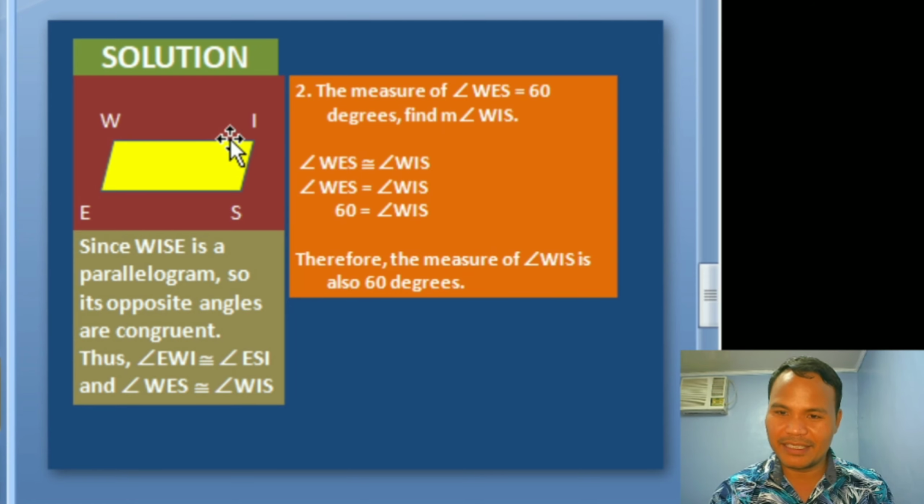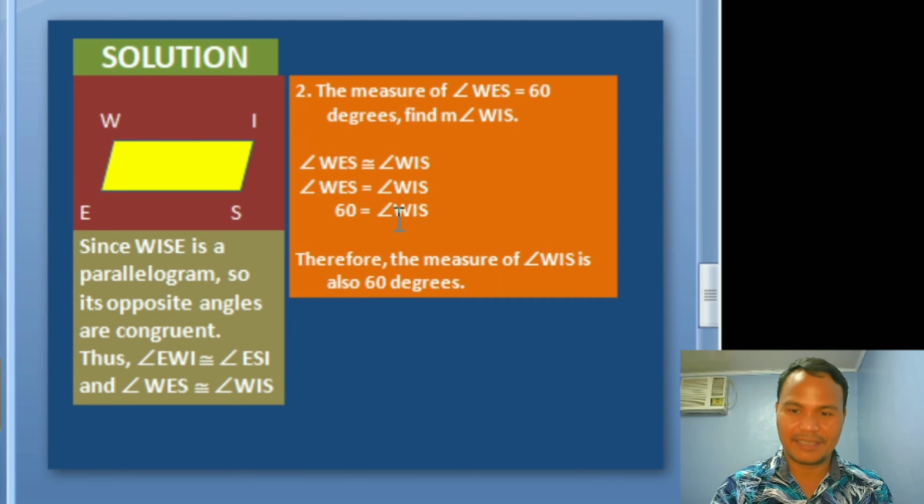Since they are opposite, they are congruent. If they are congruent, they are equal in measure. Then by substitution, WES is equal to 60 degrees. So therefore, angle WIS is also equal to 60 degrees.